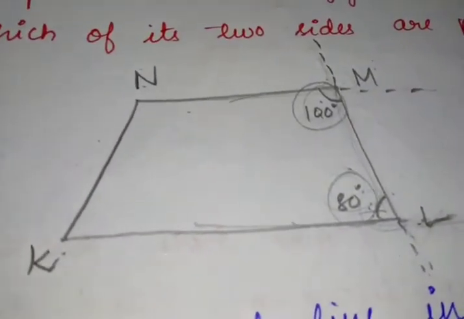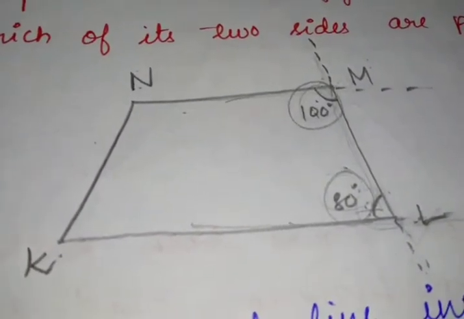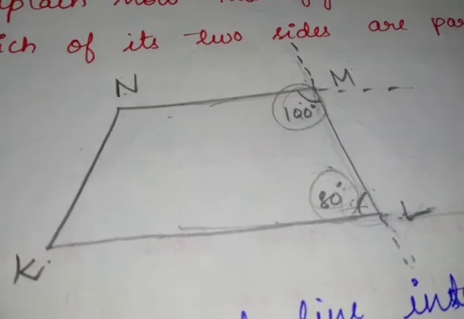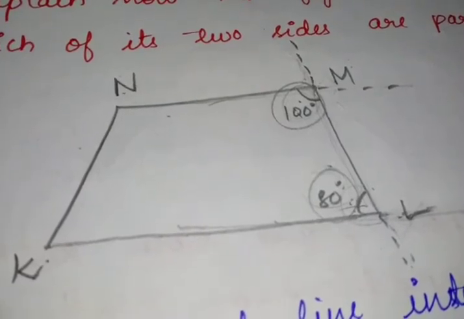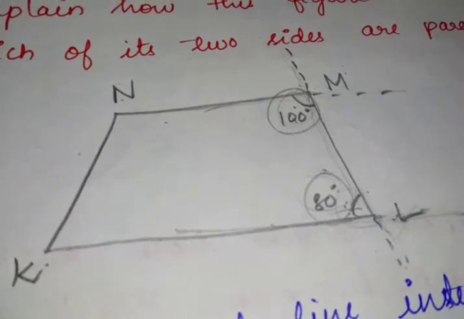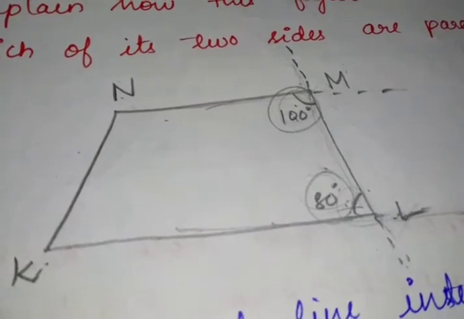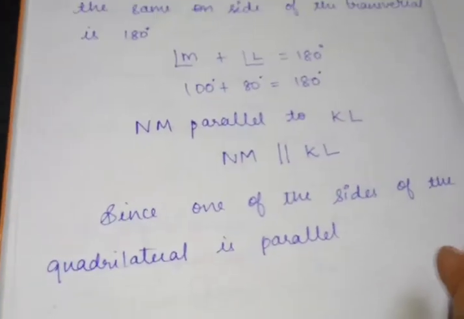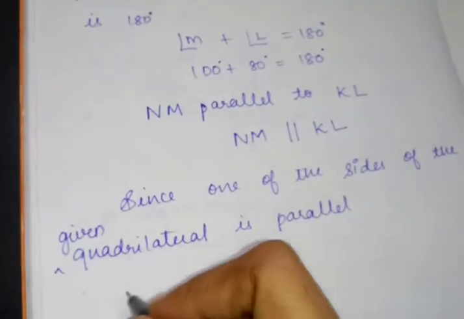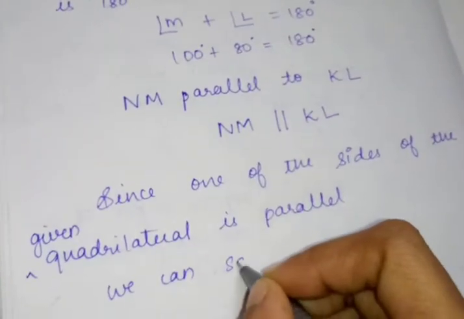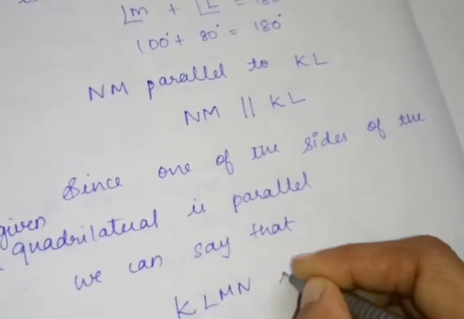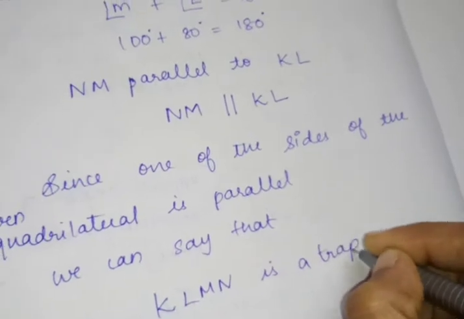Since one of the sides of the given quadrilateral is parallel, we can say that KLMN is a trapezium.